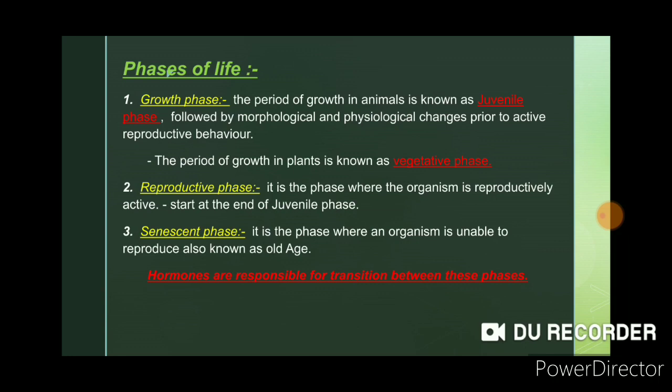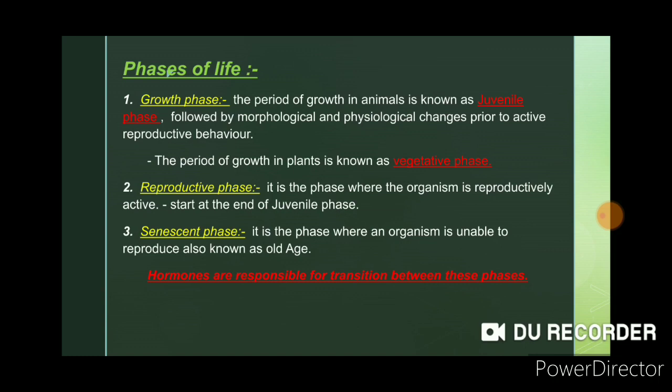Growth phase is basically a phase where morphological and physiological changes take place. In this phase, an organism's body grows and undergoes many morphological and physiological changes which will help in the reproductive phase. The period of growth in animals is known as juvenile phase, and the period of growth in plants is known as vegetative phase.